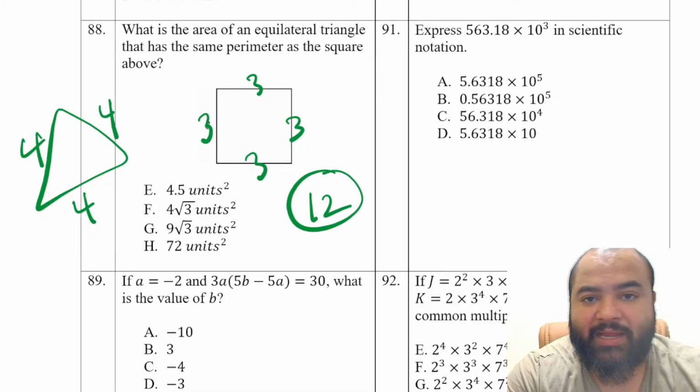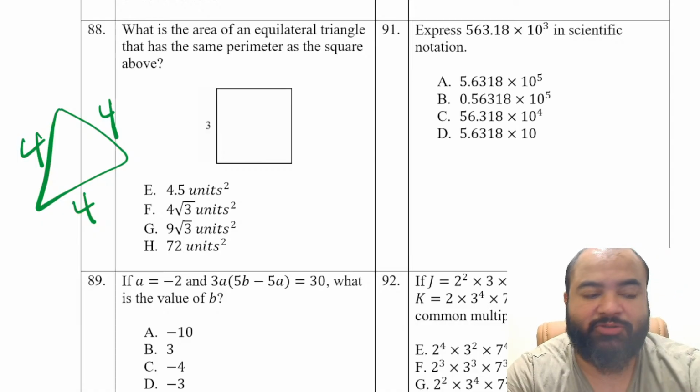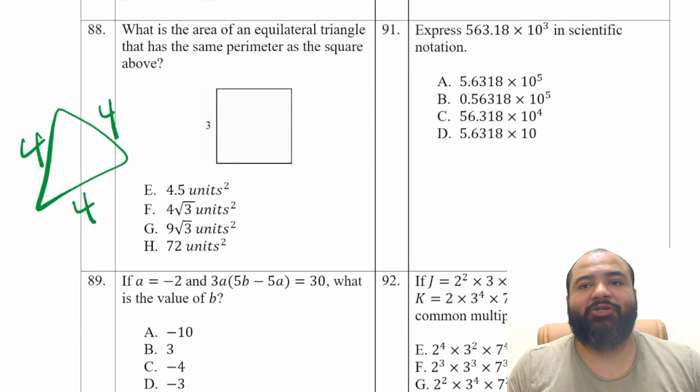Now, to find the area of an equilateral triangle, there is a shortcut. There is a formula. Who knows the formula to find the equilateral triangle area? Somebody put it on the chat.